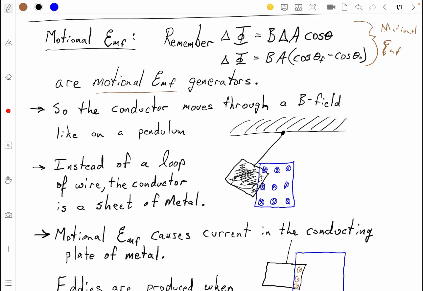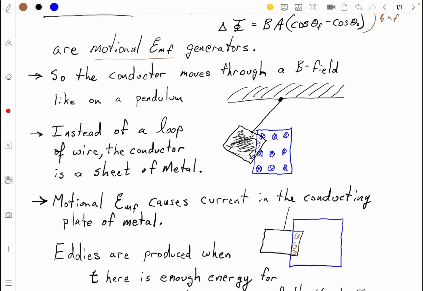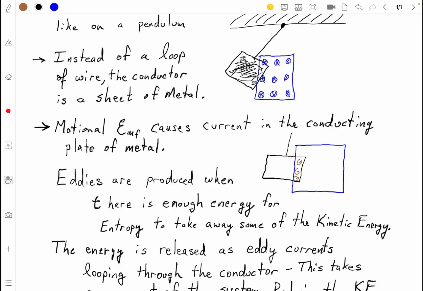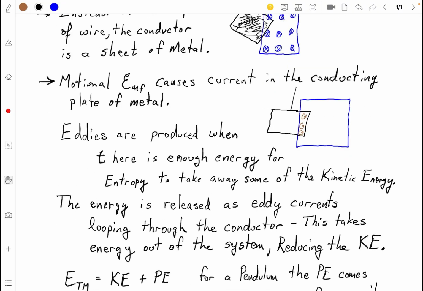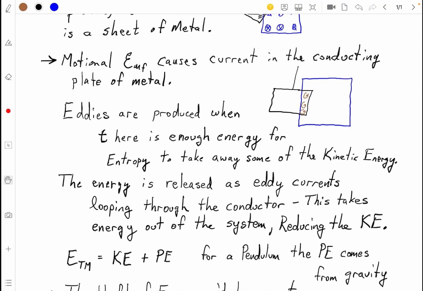Now, the motional EMF causes current in the conducting plate of metal. As it's going in, these little currents are created. Currents of electricity get created because of this motional EMF.